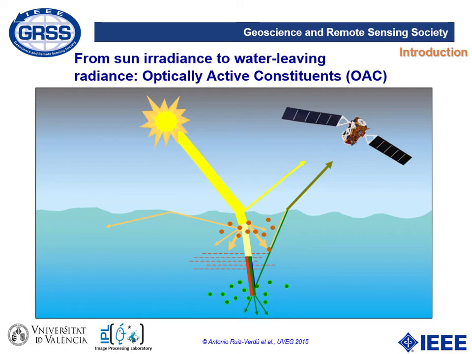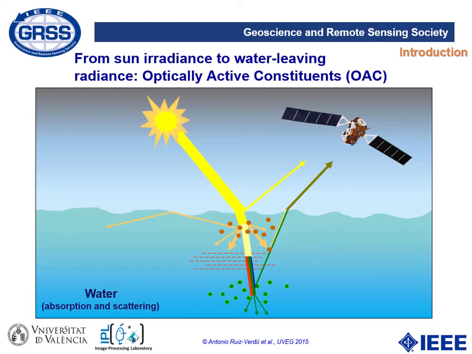That means they interact with the incoming solar radiation in different ways, and from this interaction the flux of solar radiation is transformed within the water bodies. And finally, what we have as emergent flux is modified both in its magnitude and in its spectral shape.